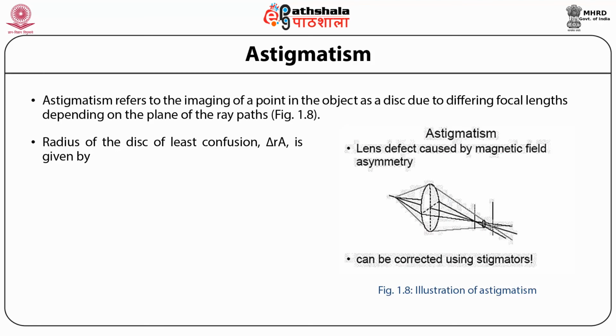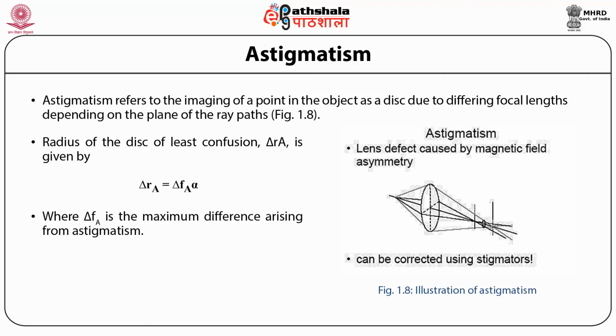Radius of the disc of least confusion, that is delta RA, is given by delta RA is equal to delta FA alpha, where delta FA is the maximum difference arising from astigmatism.